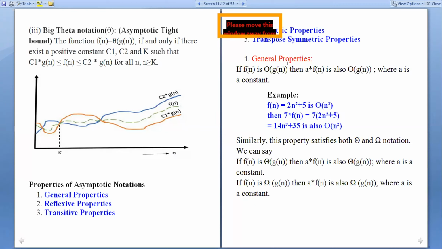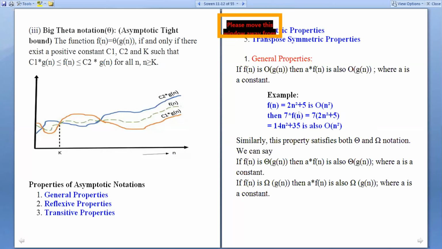The general properties are: if f of n is big O of g of n, then a times f of n is also big O of g of n, where a is a constant. Consider the example: f of n equal to 2n square plus 5 is O of n square, since the higher order power is n square.